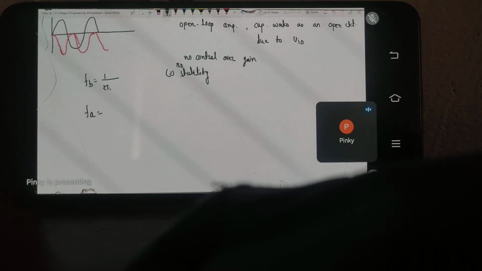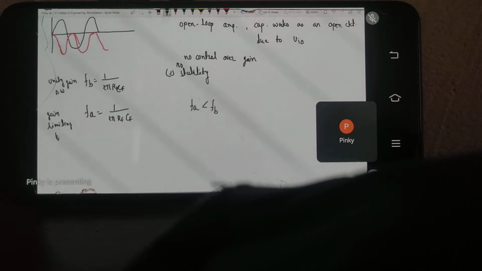Fb is 1 upon 2π R1 CF, and Fa is 1 upon 2π RF CF. Generally this Fa should be less than Fb. Fb is the unity gain bandwidth, and Fa is the gain limiting frequency.